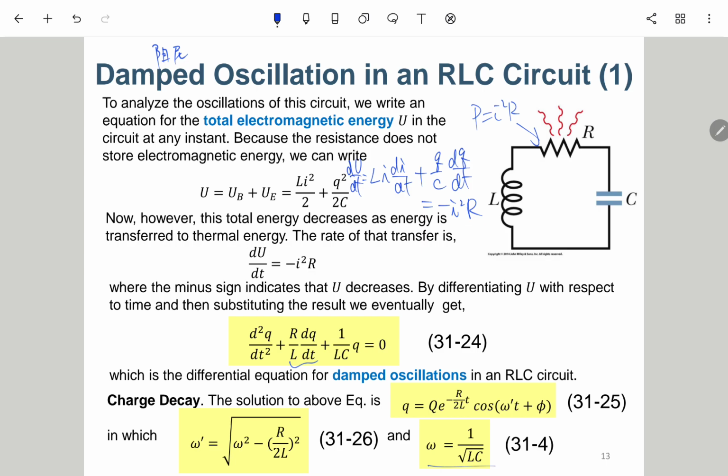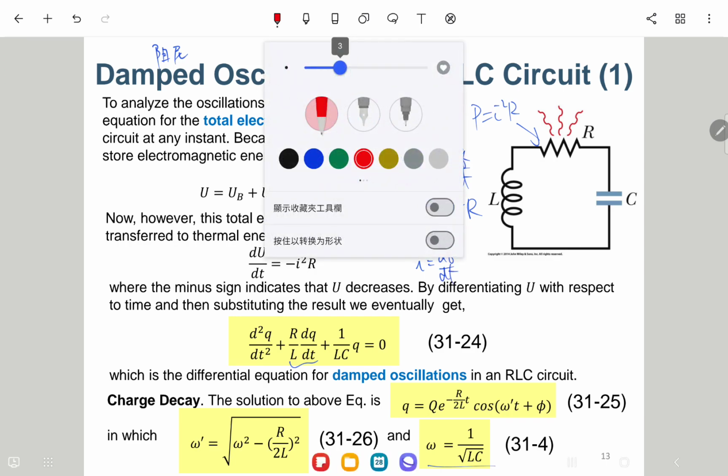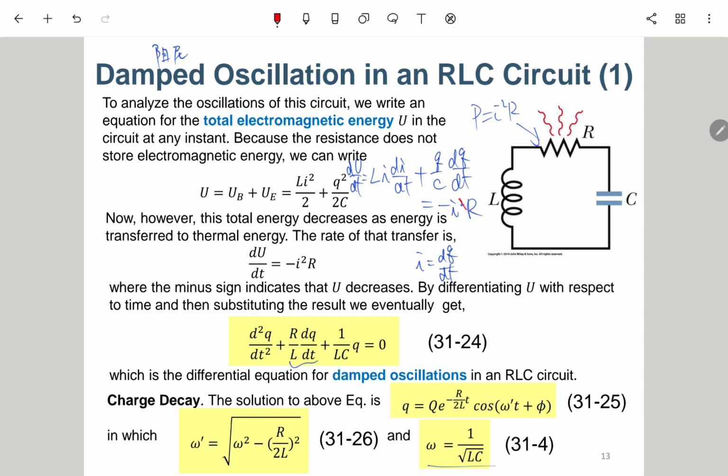Okay, so you should remember that I equals dq/dt. So we can do some cancellation. We can cancel this dq/dt with this I. I and dq/dt are the same thing. So we cancel this I dq/dt and then one of the I here. And this is L di/dt, and then Q over C. Also di/dt should be the second derivative.